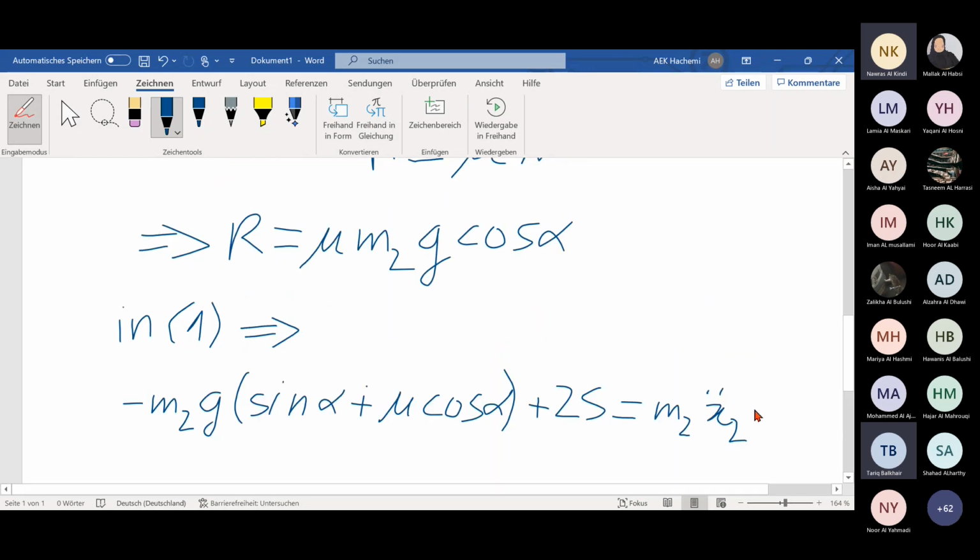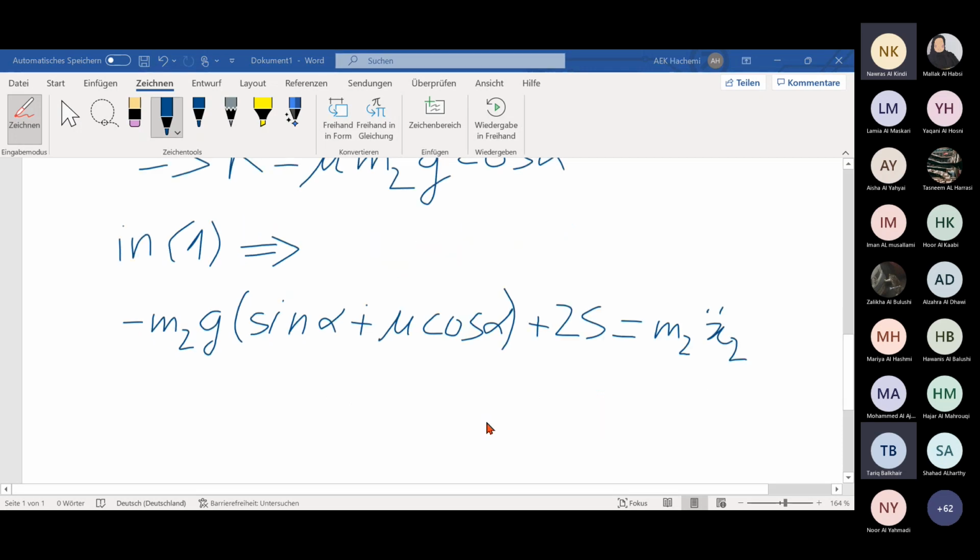Okay, this is what we correspond from the first equation.